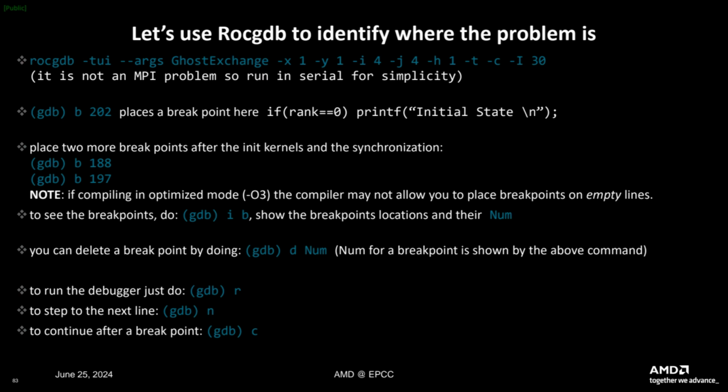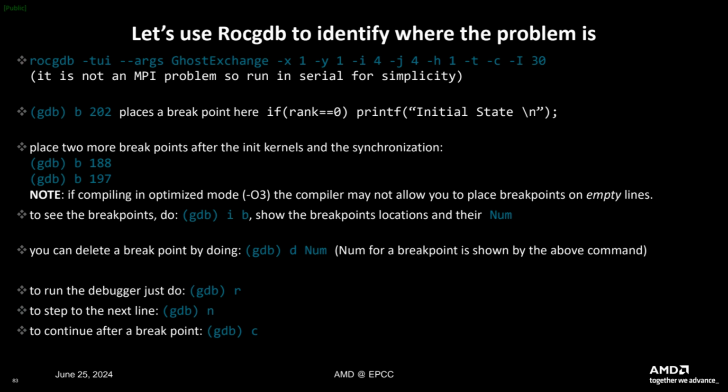So if you try it out, lines 188 and 197 are lines where the init kernels are called, because we've seen that the problem is where the initialization happens. And you can visualize where you located the breakpoints within ROCGDB just by doing IB, and it will show all the breakpoints that you have.